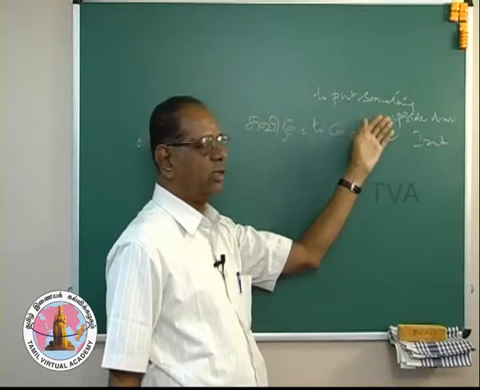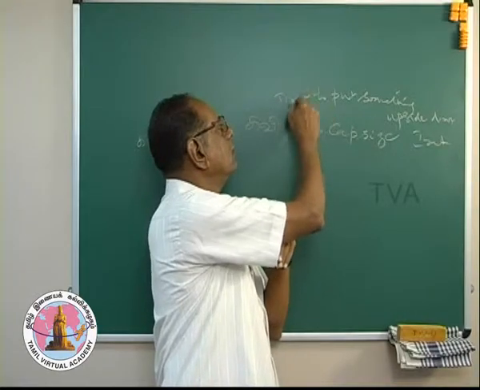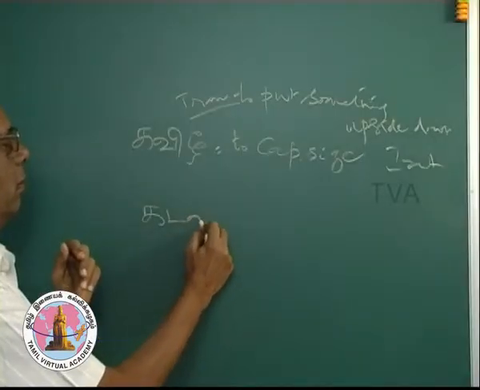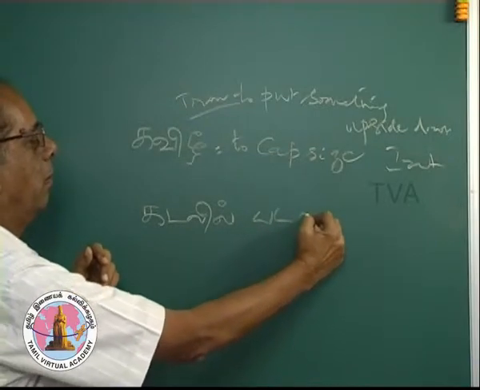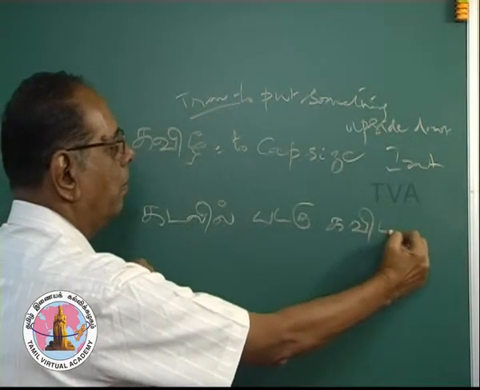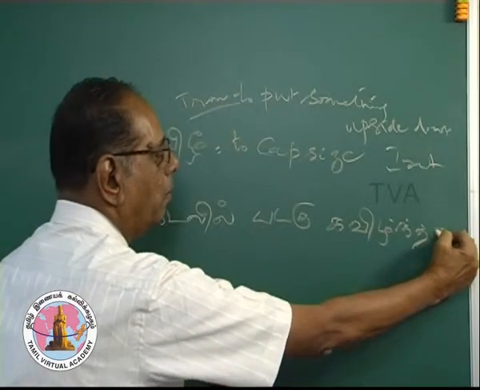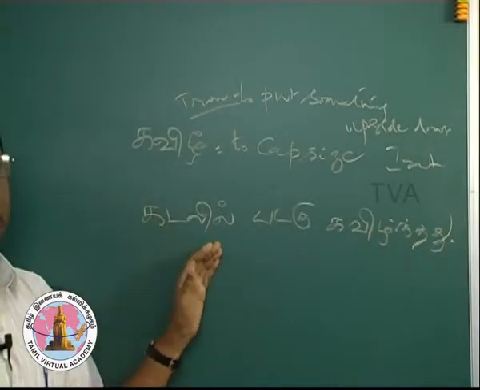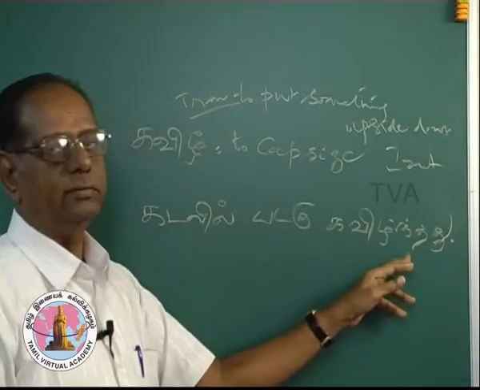Kavil, to put something upside down, is transitive. Kadalil padagu kavildadu.